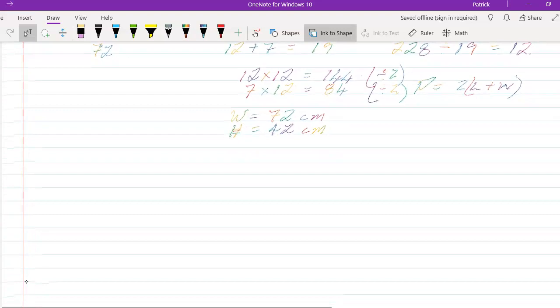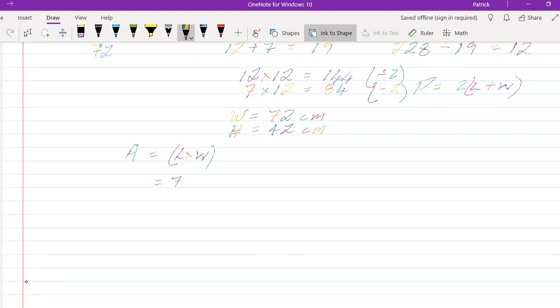Then you're asked what would be the area of the computer screen. And of course, area equals length times width, or LW. In this instance, if it's a straight rectangle, the length is going to be 72, and the width is going to be 42. Is that correct?